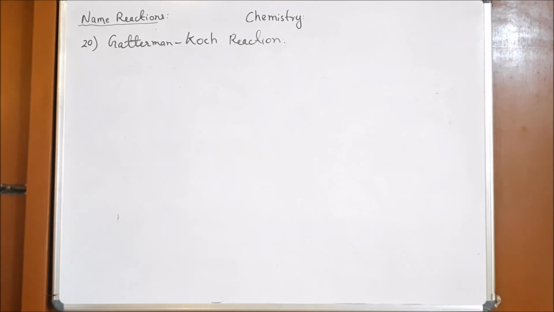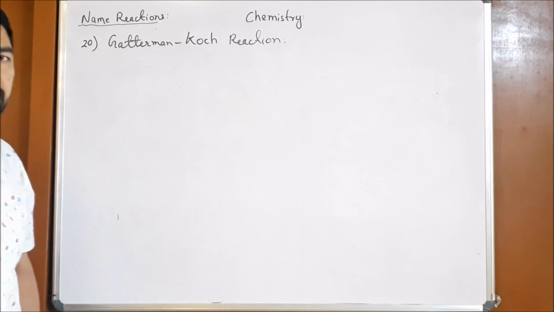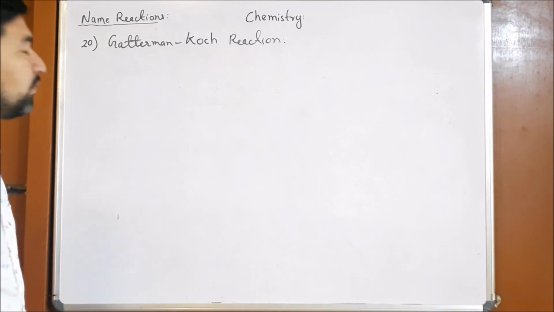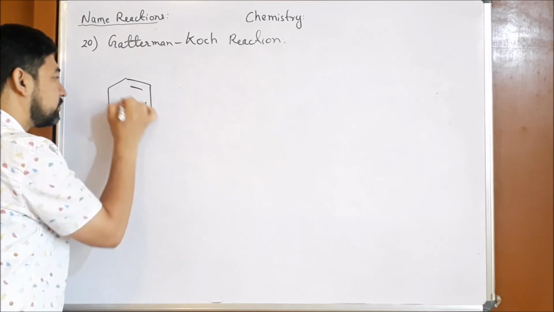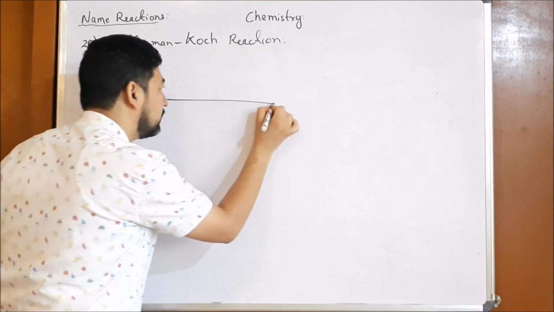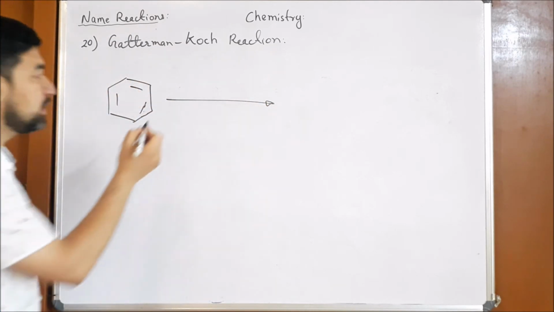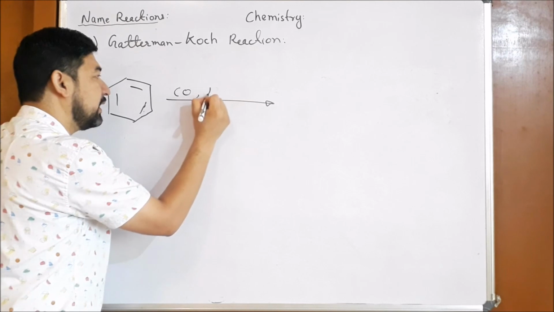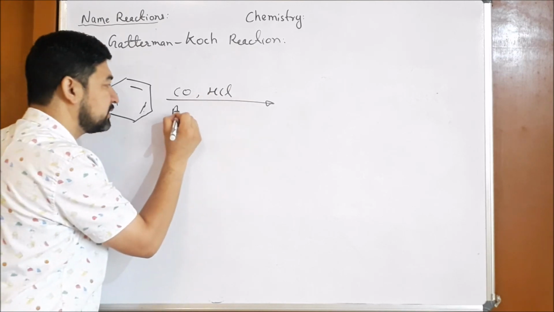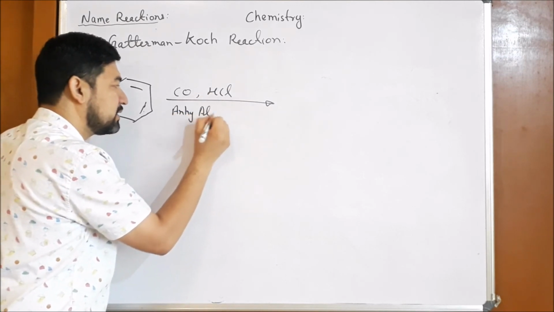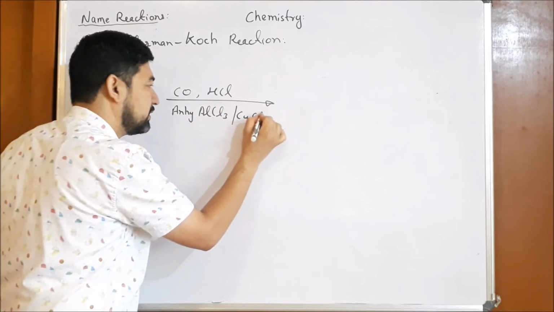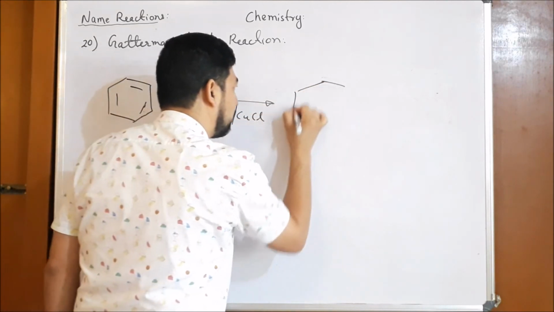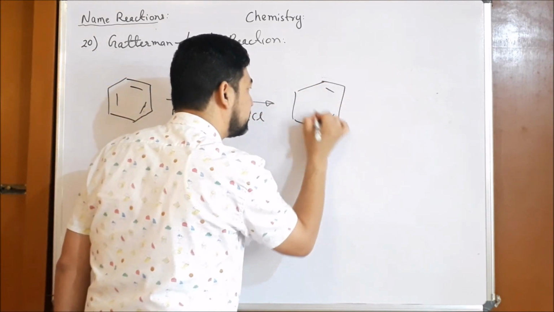Next is the Gattermann-Koch reaction. In this reaction, benzene or its derivative is converted into benzaldehyde. Like if I take benzene, and it is treated with carbon monoxide, HCl, anhydrous AlCl3 or cuprous chloride, then it will form a benzaldehyde group.